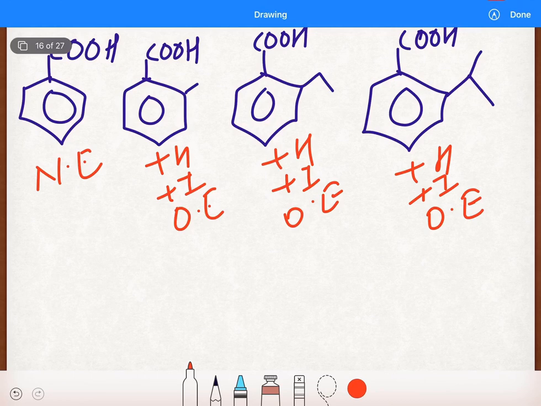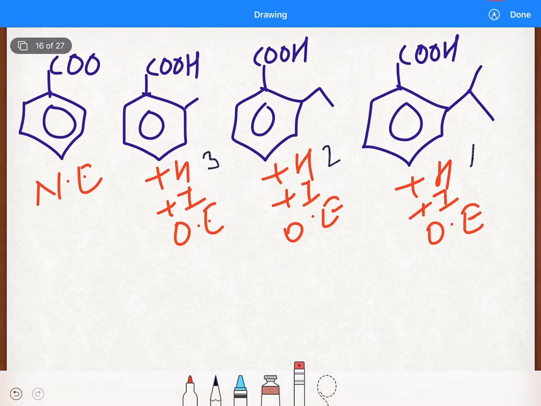At first we will apply all the effects except the ortho effect, then apply the ortho effect. The first one has no effect, the second one has 3 plus H, the third one has 2 plus H, and the last one has 1 plus H, meaning hyperconjugation. Before that you have to remove H and apply negative charge.